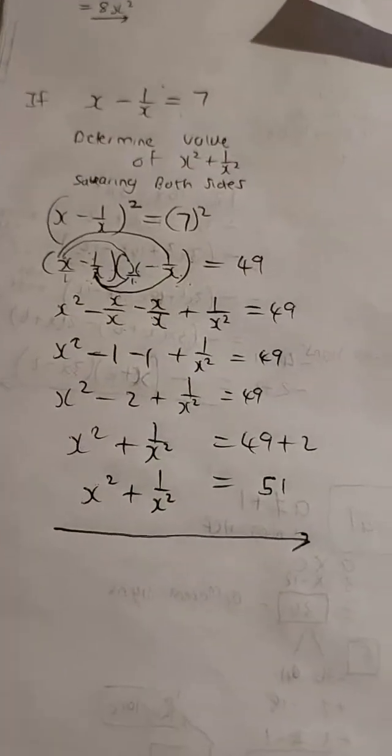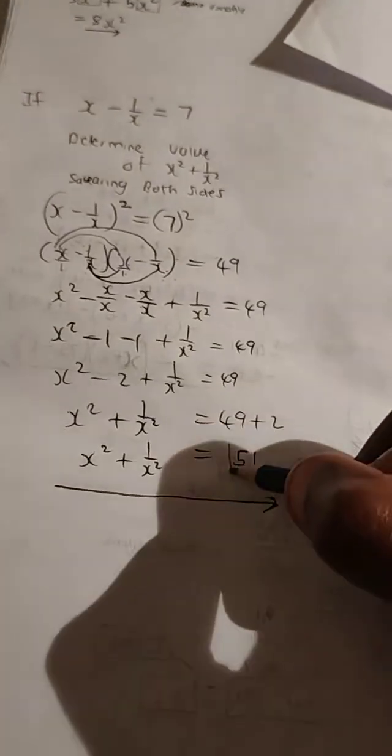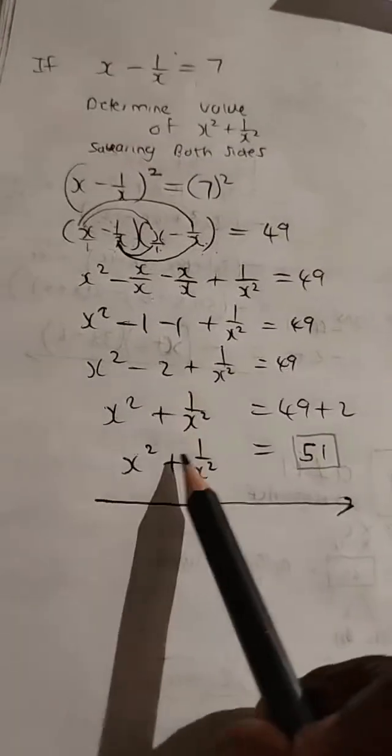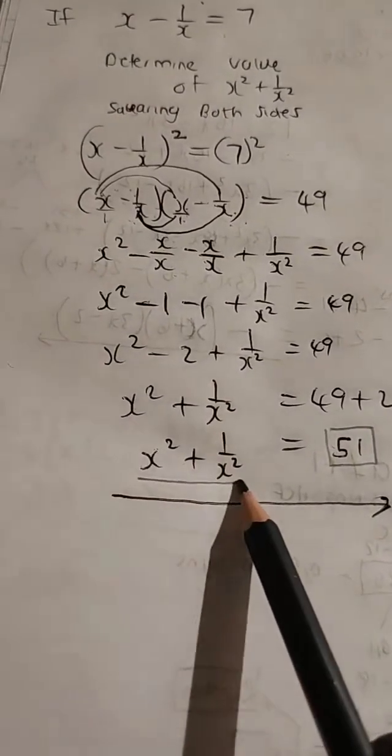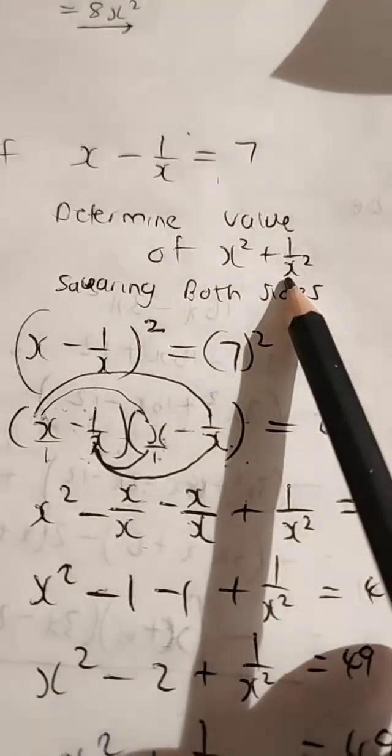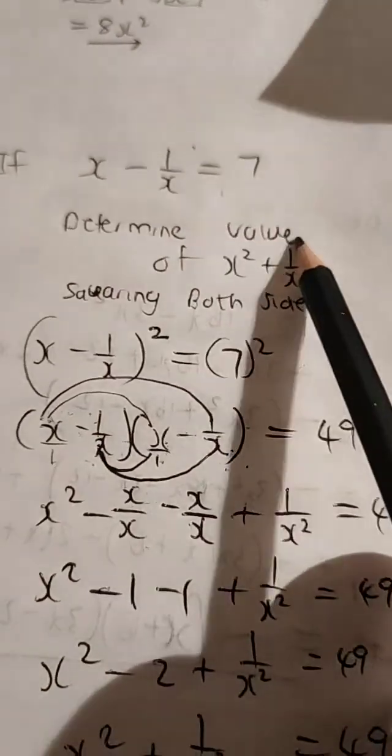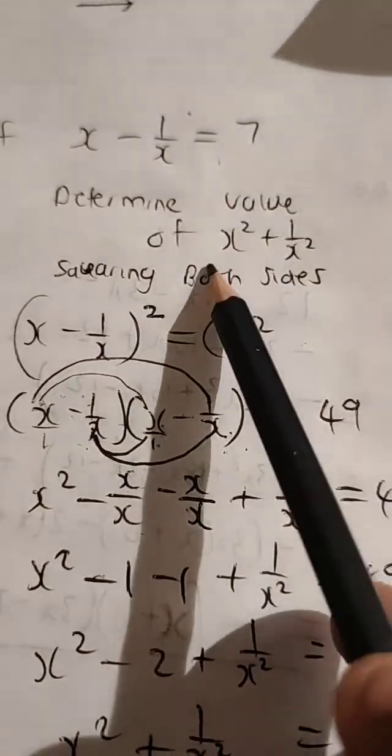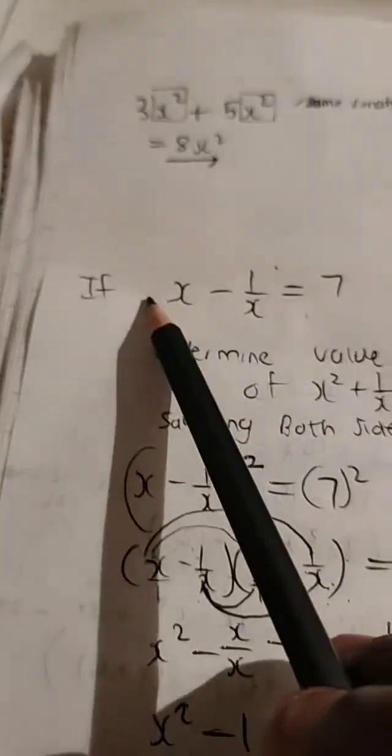This here, guys, gives me the value of x squared plus 1 over x squared. Determine the value of x squared plus 1 over x squared, if x minus 1 over x is equal to 7.